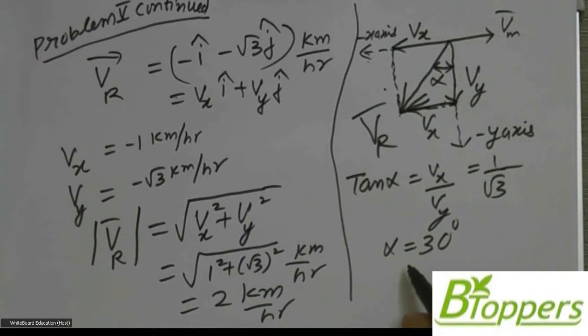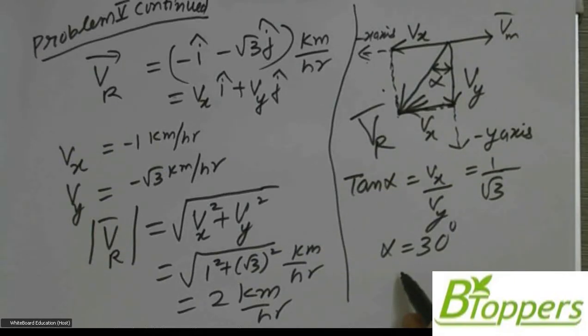So the answer can be written as 2 km per hour, at an angle of 30 degrees with the vertical from the front. Those who want to copy the solution can pause and copy it. The next problem, problem number 6, has to be solved with the same procedure.